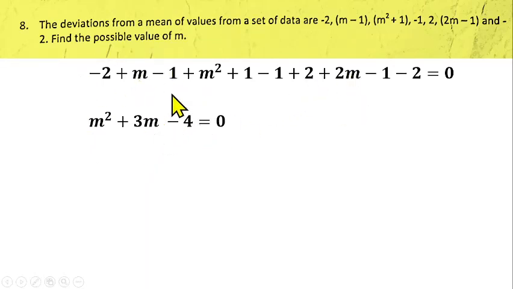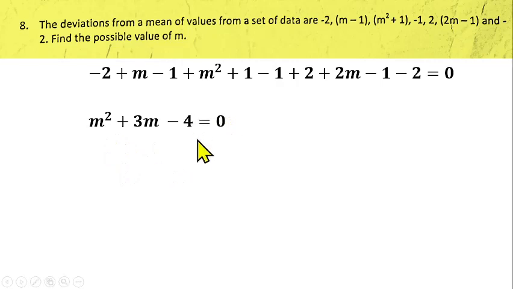Then the constants: minus 2 minus 1 is minus 3, plus 1 minus 2 minus 1 again gives minus 3, minus 3 plus 2 gives us minus 1, minus 1 minus 1 minus 2, minus 2 again, minus 4. So m squared plus 3m minus 4 equals 0.